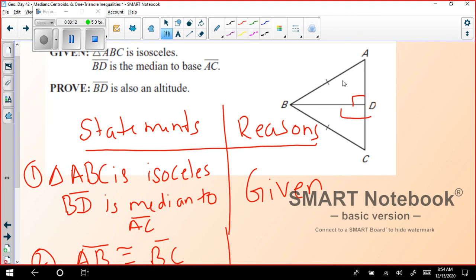So I can say triangle ABD and CBD are congruent.